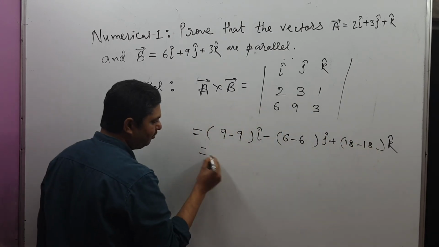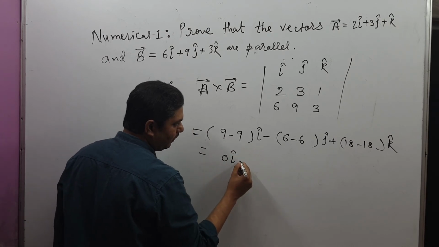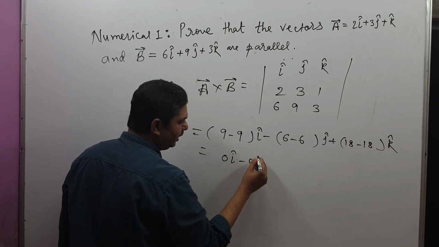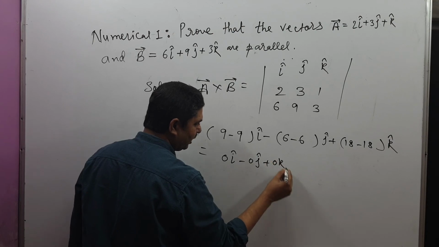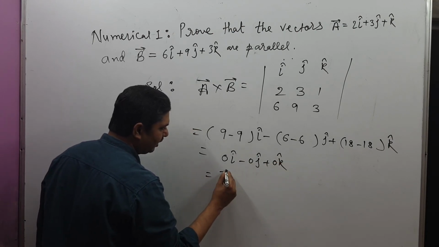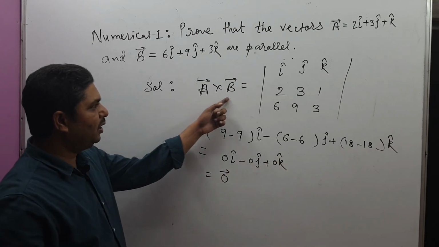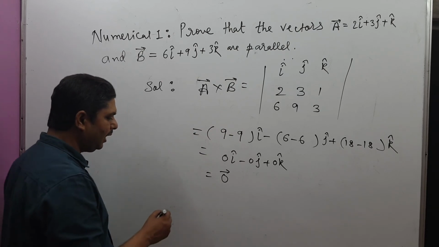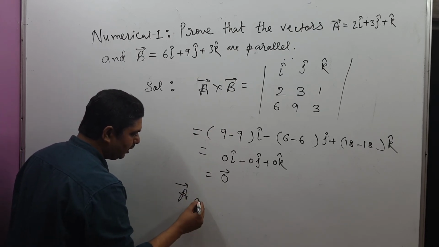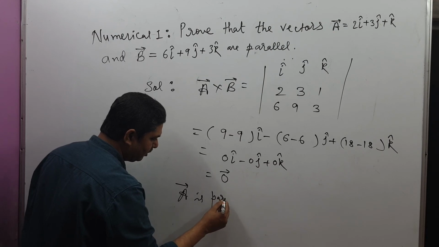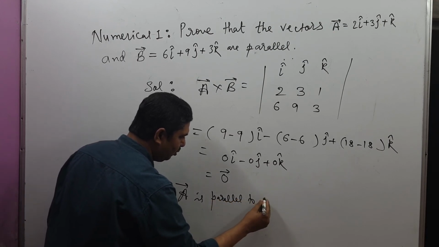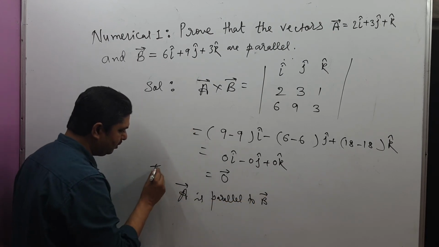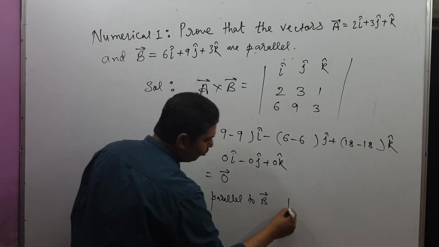So you have 0i minus 0j plus 0k. So this is equal to the 0 vector. So A cross B equals 0 vector. This means that A vector is parallel to B vector. We have proved this.